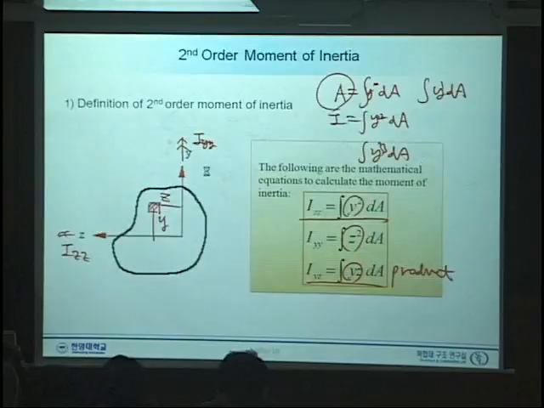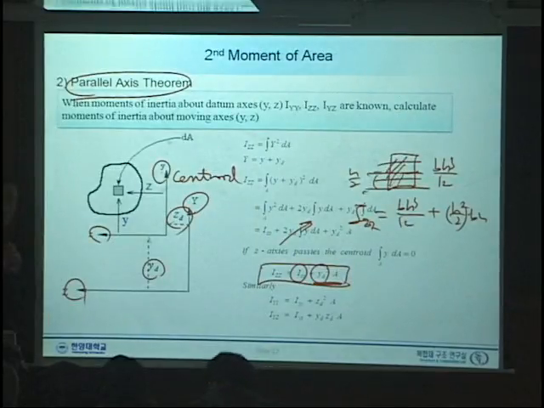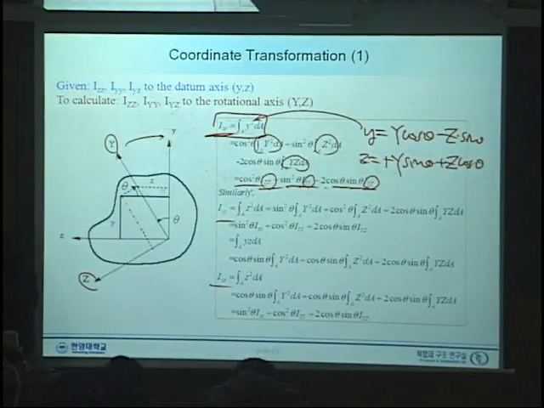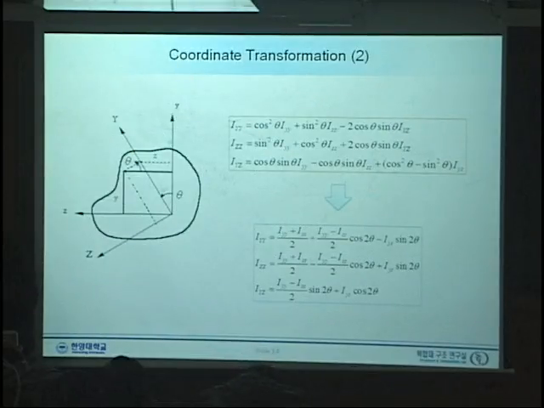And the second order moment of inertia: as you notice, in beam theory we have I_ZZ, which is moment of inertia, and we need to better understand comprehensively the cross-sectional property.